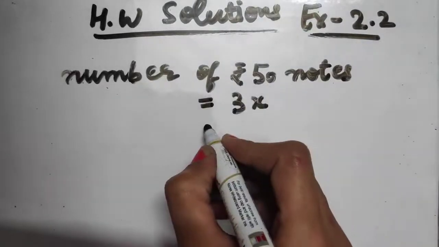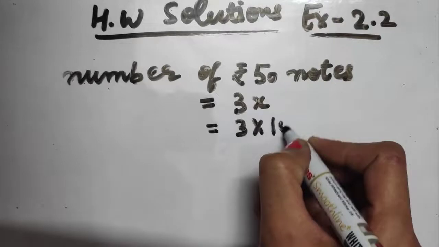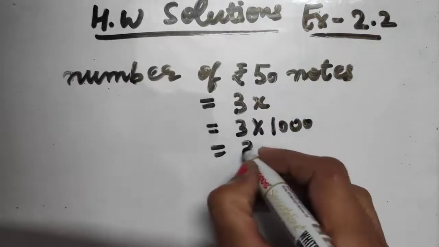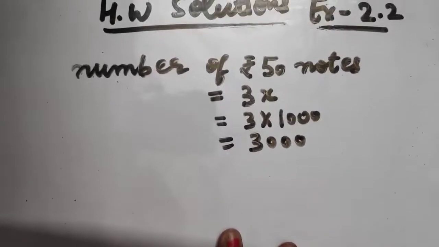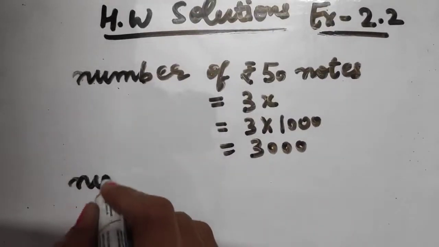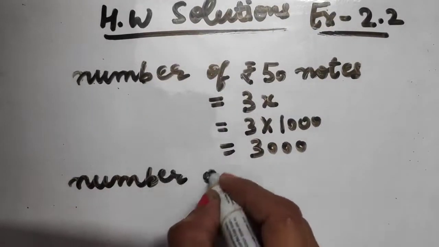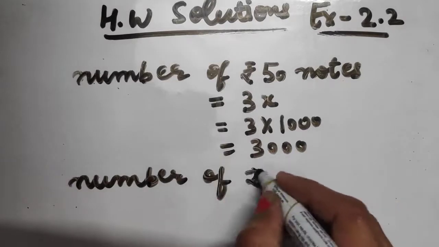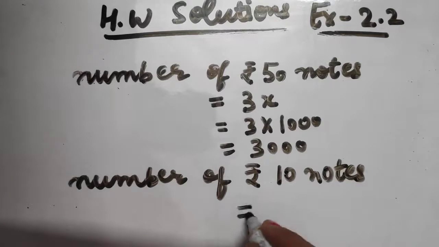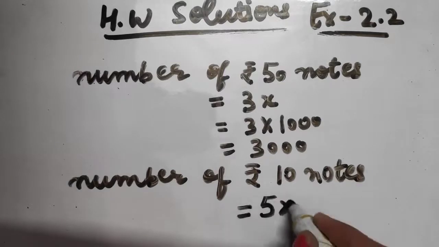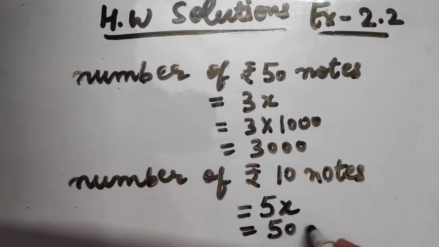This was the ratio. So it will be 3 into 1000. So it will be 3000. Now number of rupees 10 notes, that will be equal to 5x, that is equal to 5 into 1000, that will be 5000.